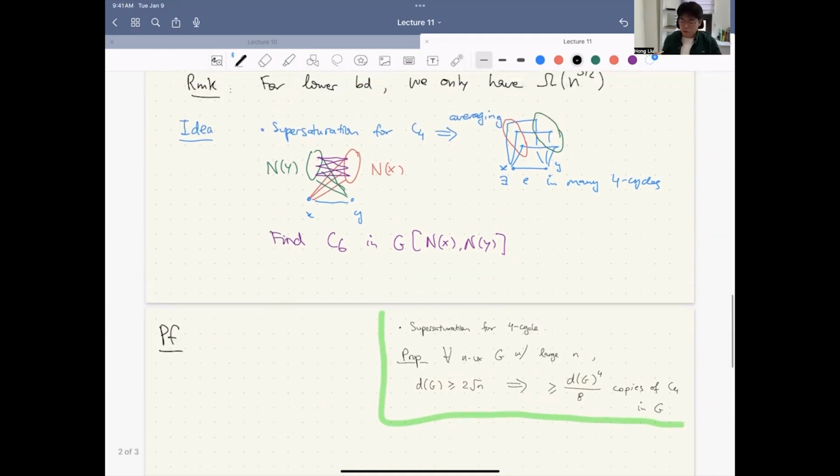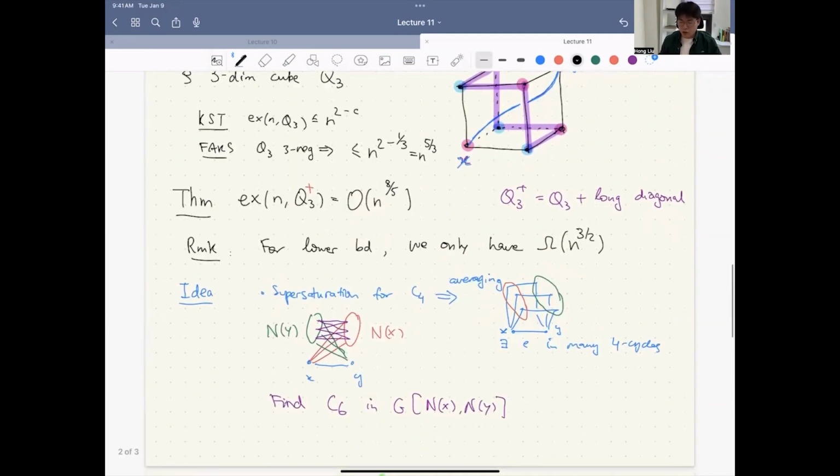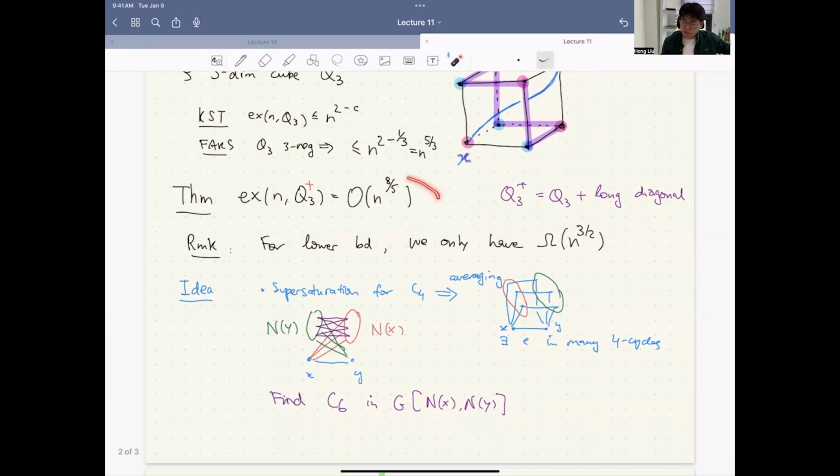Okay, the first trick is, how many edges do we have? We have this many edges, right? We need to show, so let me write it down.